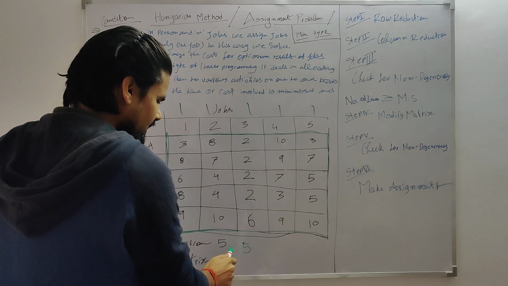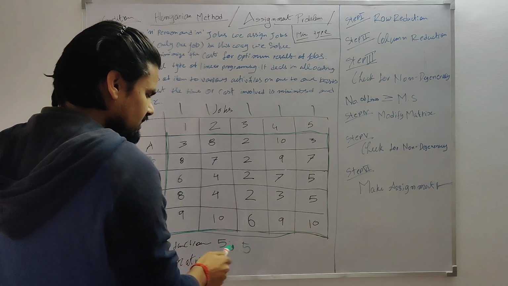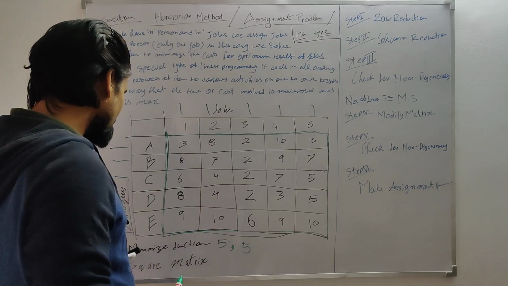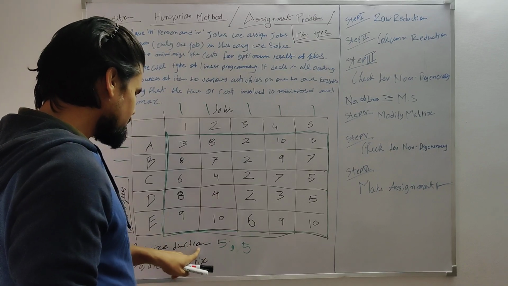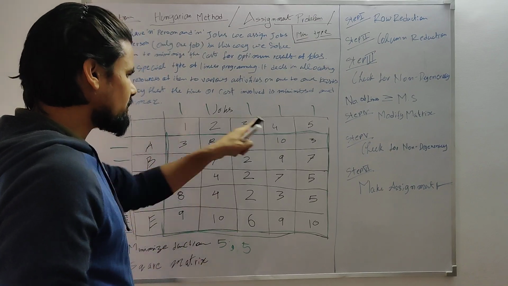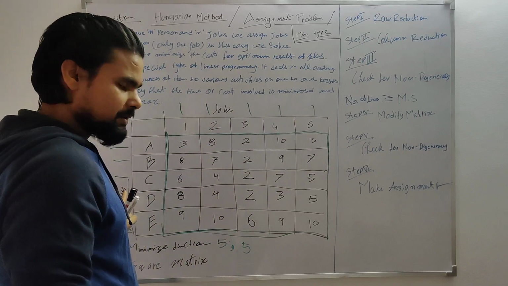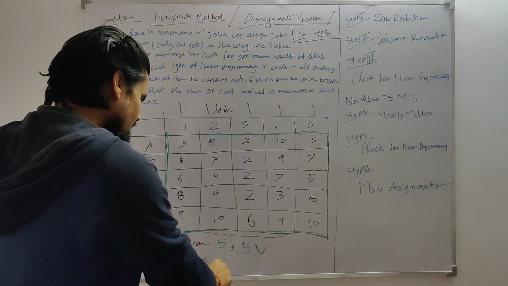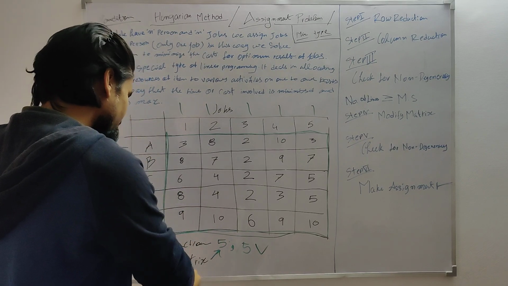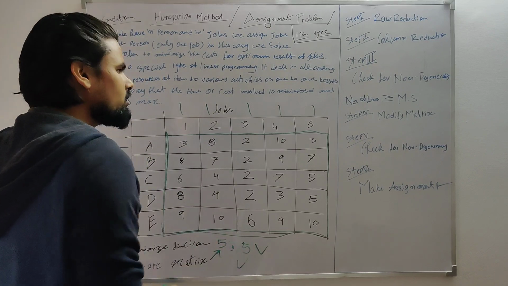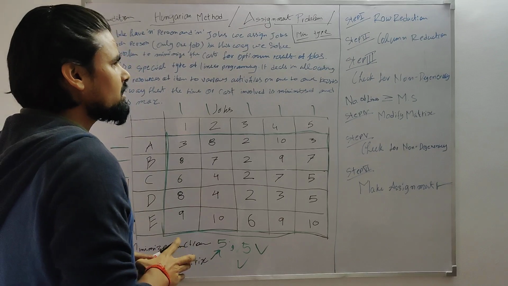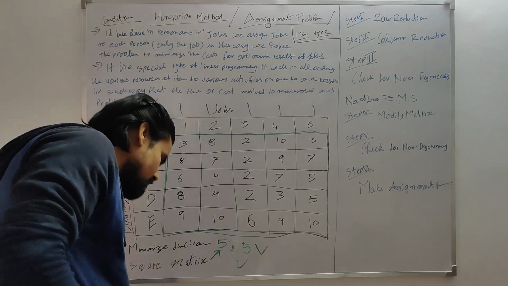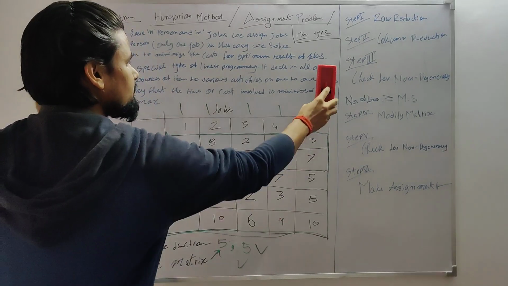So 5 by 5 means it is a square matrix. So condition 1 is satisfied, that we are going to find the minimum function or minimum time. And the second one, we need a square matrix. This is also satisfied.